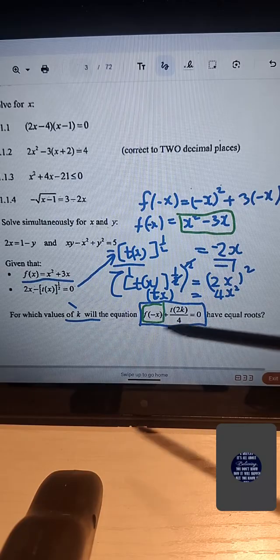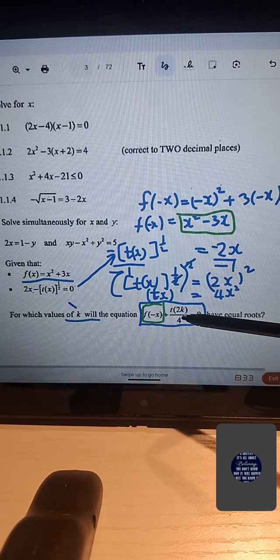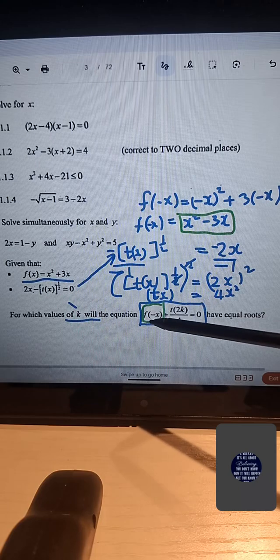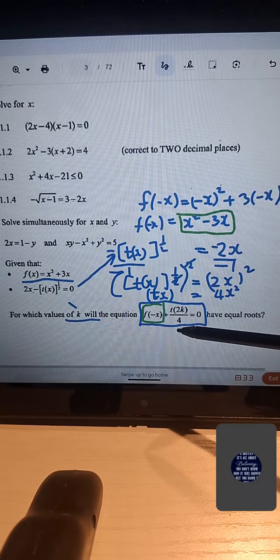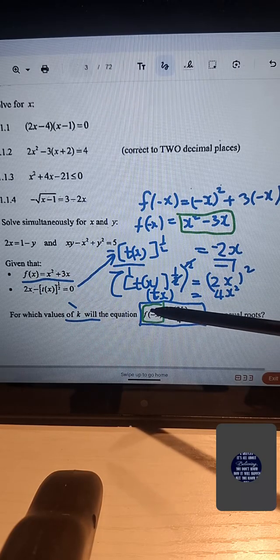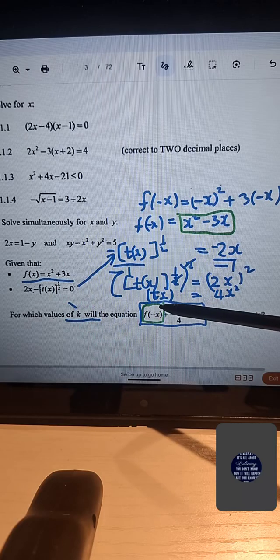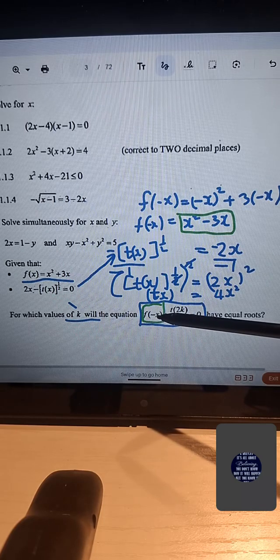In this equation, we have two terms: f of negative x, plus t of 2k over 4. I can see the first term... Yes, for the first one we are going to substitute.